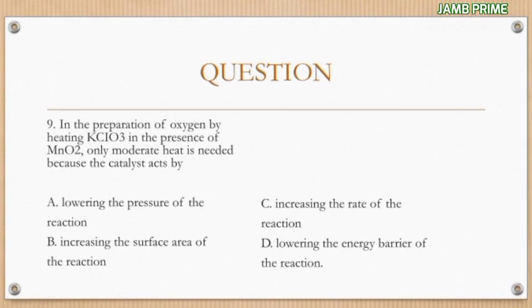In this question, they are just asking you to know the importance of a catalyst in this reaction. In the preparation of oxygen using these two compounds, only moderate heat is needed because the catalyst acts as a dash.